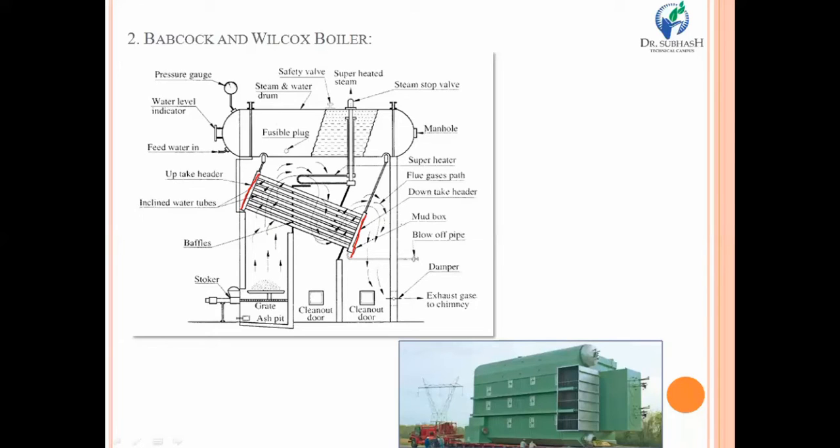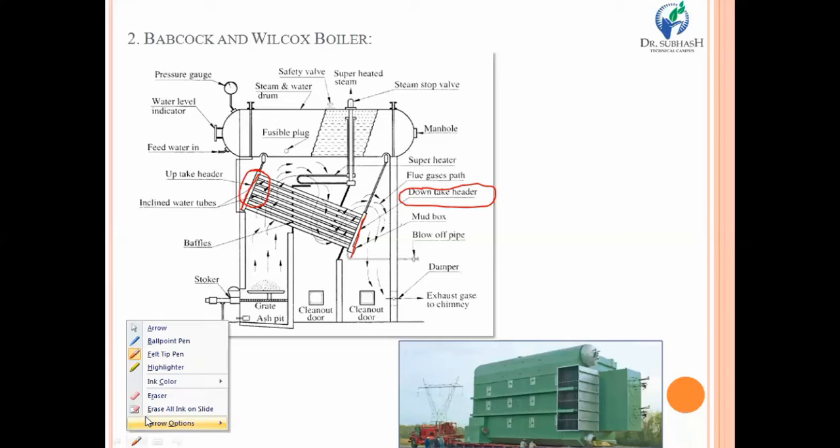So this is the header which actually assembles and collects both of the ends of the tubes. If the header is on the downside, it is known as a downtake header. And if the header is at the top of the inclined tubes, it is known as the top header.